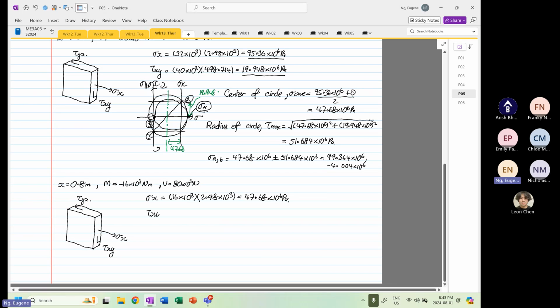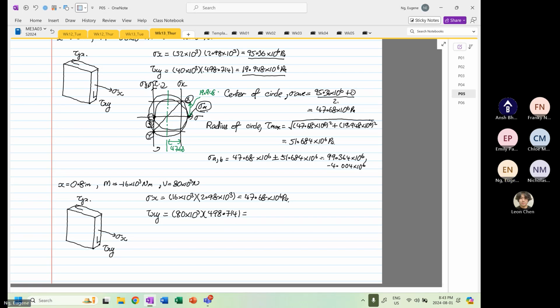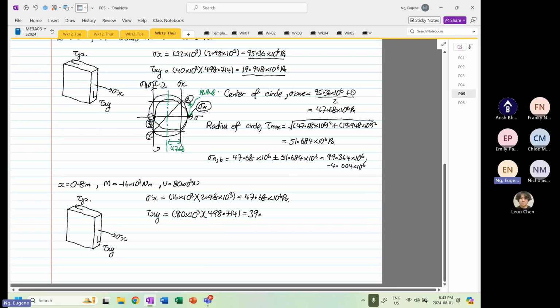And then the shear is equal to 80 times 10 to the power 3 multiplied by 498.714, which is equal to 39 times 10 to the power 6 Pascal. So it has a very high shear stress. You can see that, right?